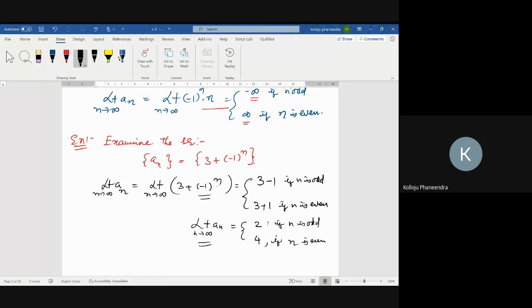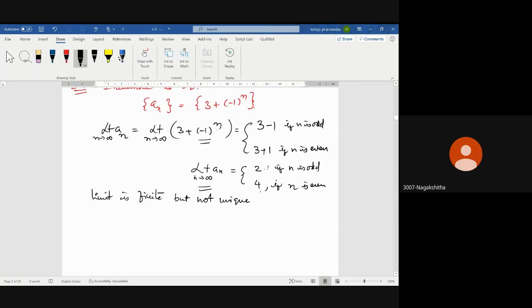So the limit value is finite but not unique, so it oscillates. Therefore the sequence an oscillates finitely. This is one example.